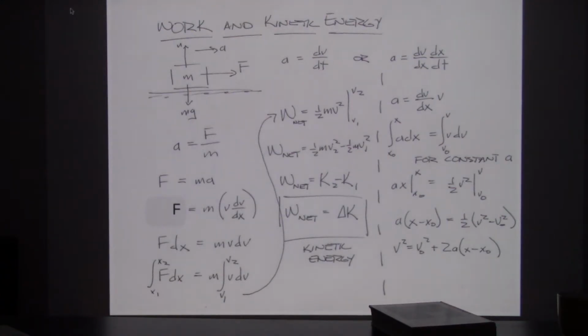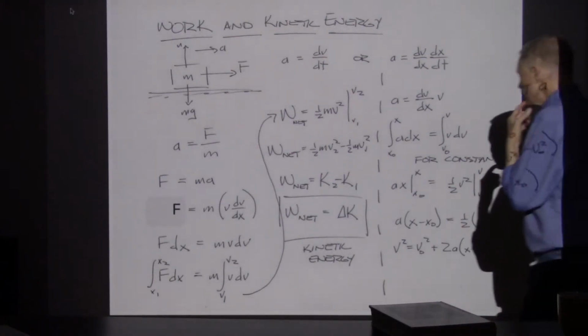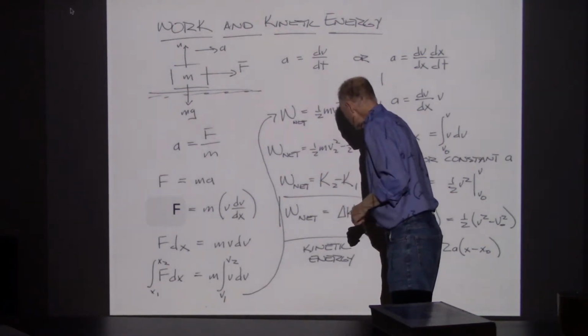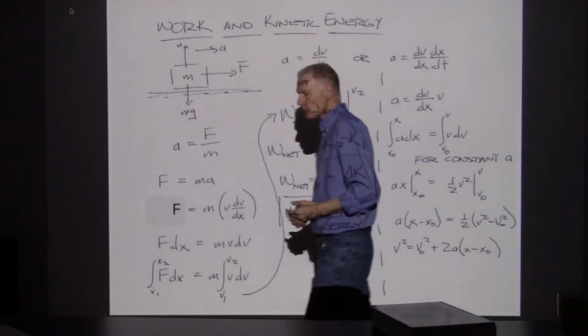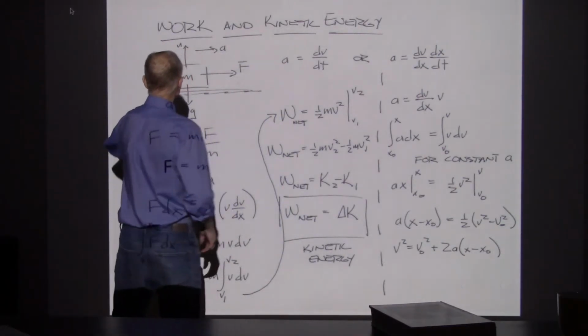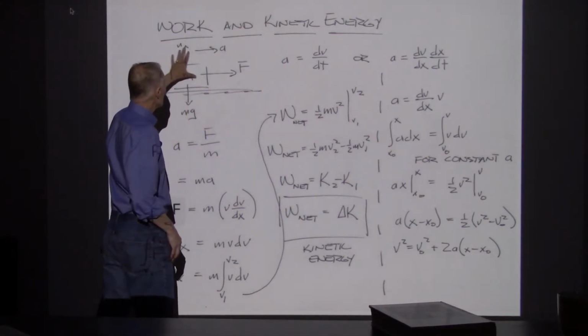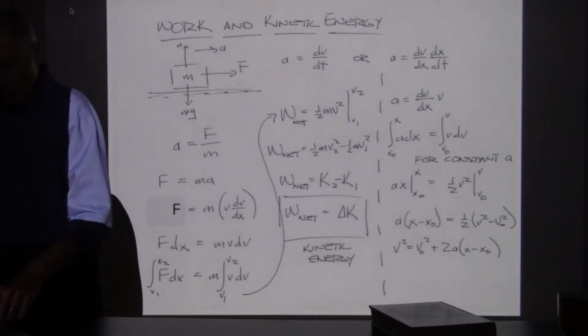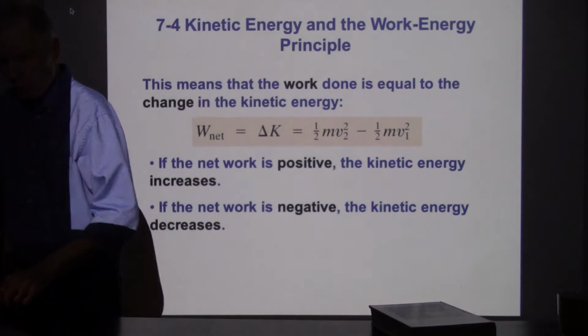It's going to be equal to delta K. So changing kinetic energy is a result of the work done by the forces that we have present there. So that's kind of the derivation of this kinetic energy work formula.